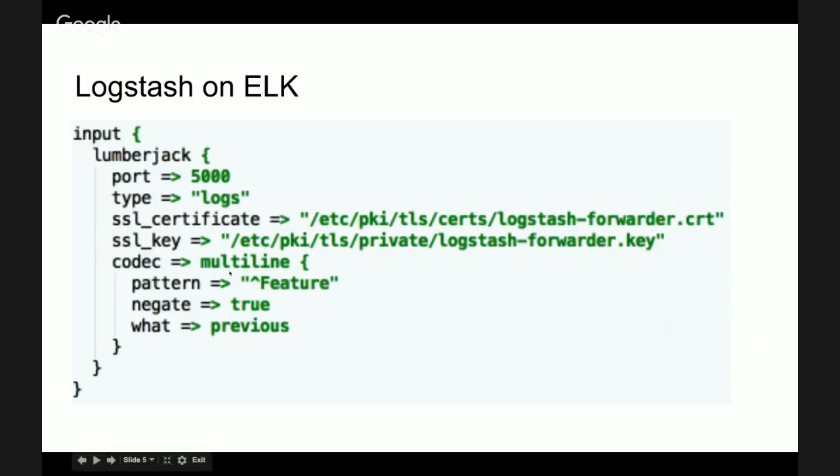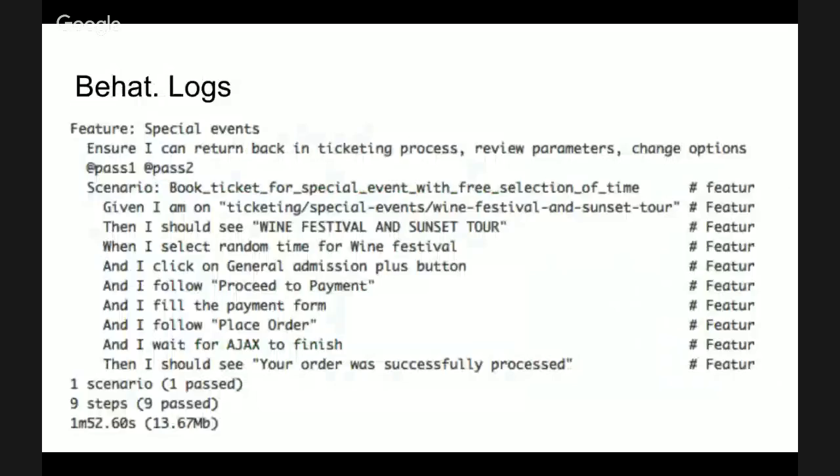So you can see that we were using the multiline codec, and we were splitting our log messages using the pattern feature. Every line that started with feature was considered the beginning of a new log message. So this is considered a single message, instead of each line being considered separate by default.